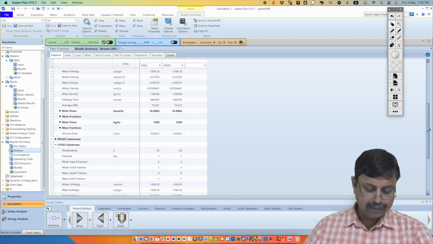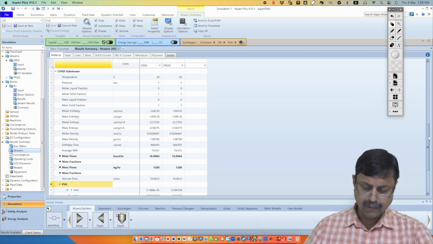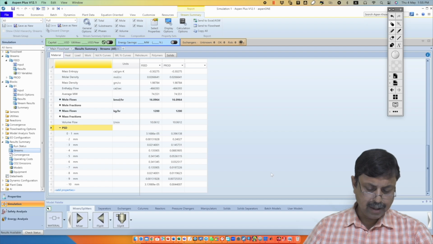But the particle size distribution will change definitely. So let us see. This is the particle size distribution. Yes. So here you see the feed 0 to 1 millimeter, it was very small. 1 to 2, it is slightly higher. Then 2 to 3, still higher.